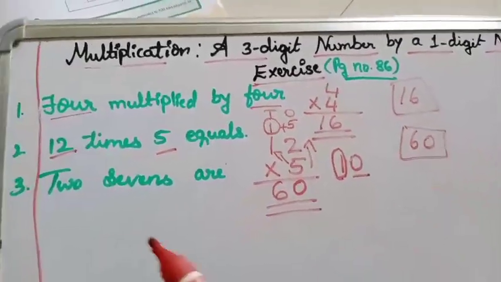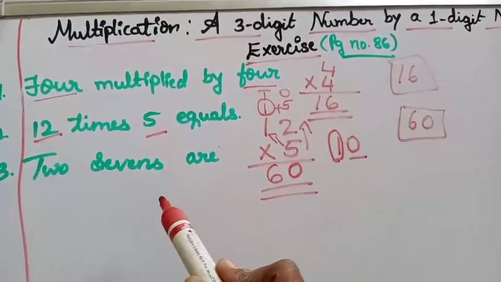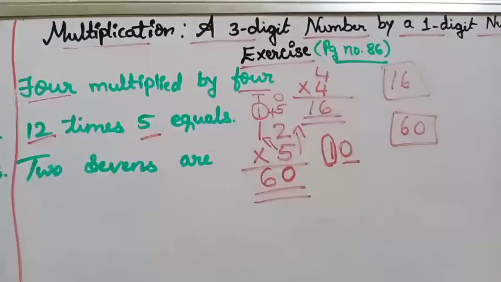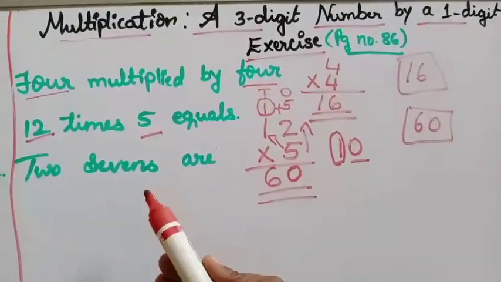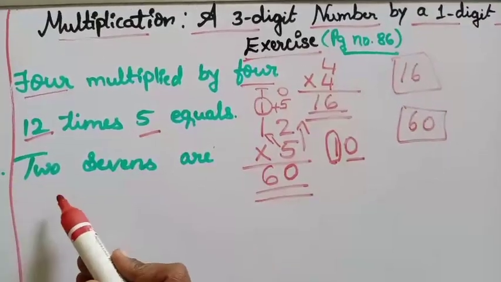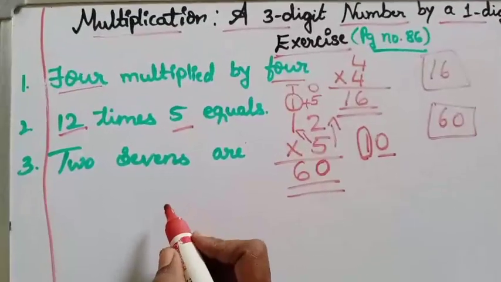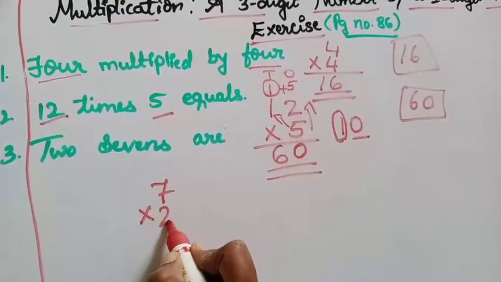Okay. The next one, 2 7's are. How many 7's? 2 7's. Got it? Yes. That means 7 multiplied by 2. Okay. So how to write, children? I'll write it here itself. 7 multiplied by 2.